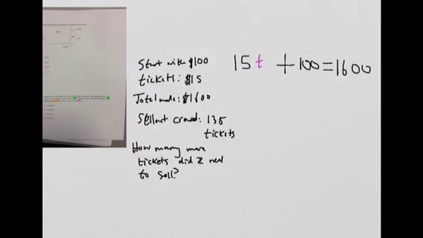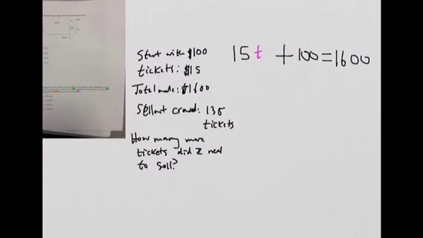So what is this answer going to give me? This is going to give me how many tickets I sold. If I know the price per ticket and how much I started with, and the total amount made, figure out how many tickets I sold. And once I have this, then I'll be able to compare it to the sellout crowd of what I was trying to shoot for.